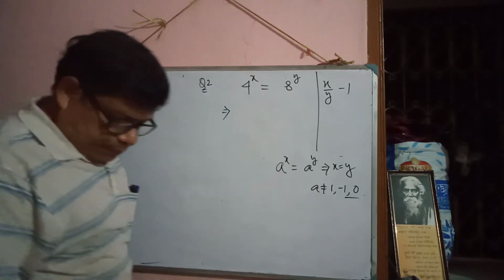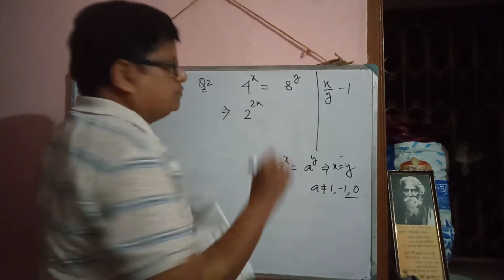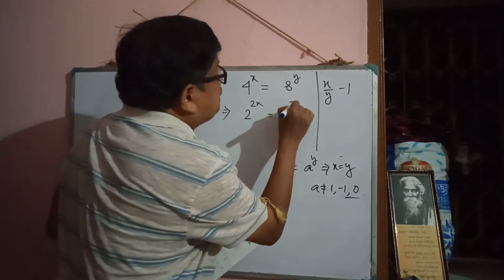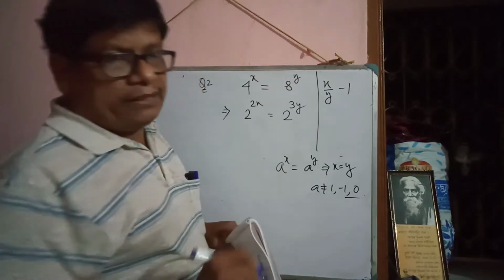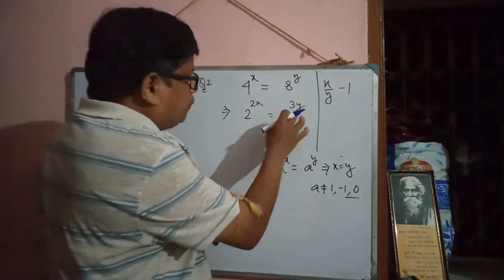See, look here. We can write 4 as 2 square, so 2 to the power 2x equal to 2 to the power 3y. You can write 8 as 2 into 2 into 2, so 2 to the power 3y.